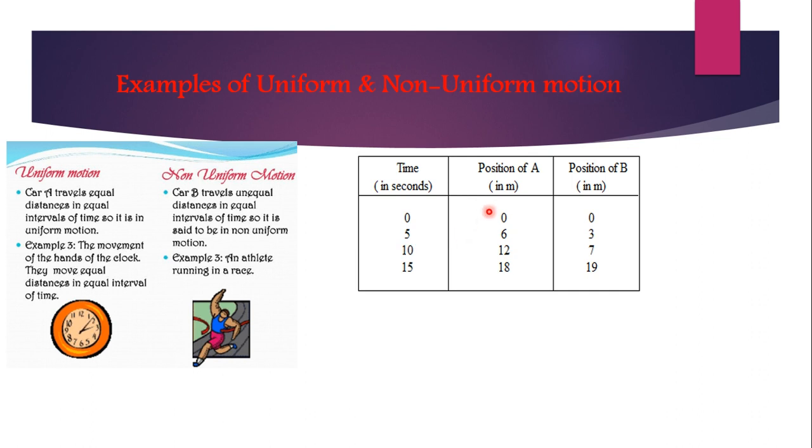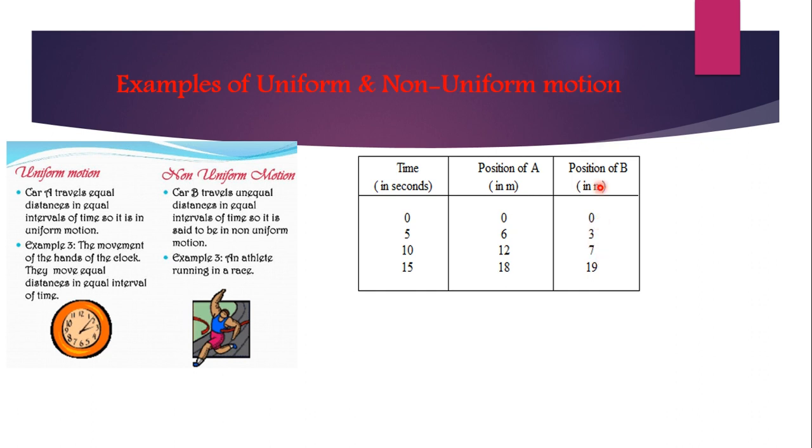So the motion of A is an example of uniform motion, whereas the motion of B is an example of non-uniform motion, because it covers 3 meter in 5 seconds, and then another 4 meter in another 5 seconds, and then another 12 meter in another 5 seconds. So this is covering unequal distances in equal intervals of time.